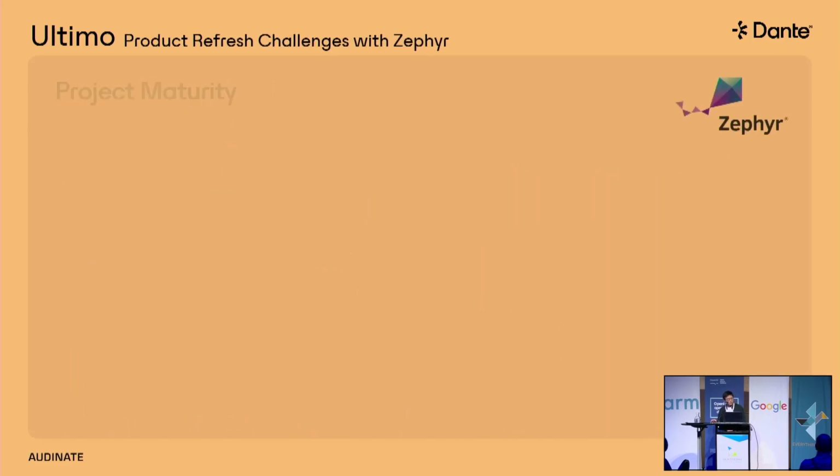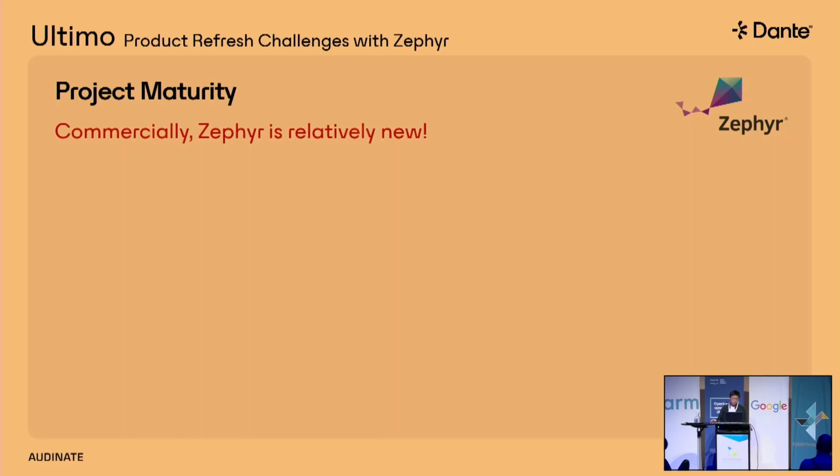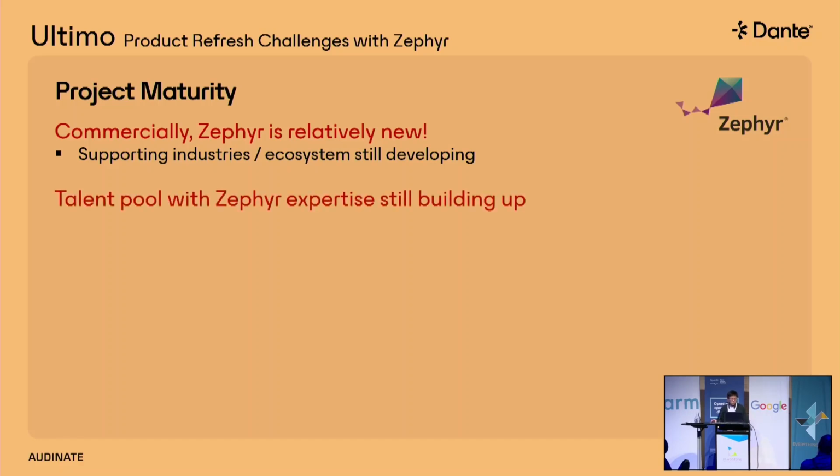One other factor is that, as discussed in the risks, Zephyr is relatively new, and we've realized that in the commercial sense, the industry and the ecosystem are really ramping up over the years, but still getting there. There's a bright future. However, we also discovered that the talent pool associated with the industry is not there yet, so there are fewer embedded engineers with Zephyr expertise.